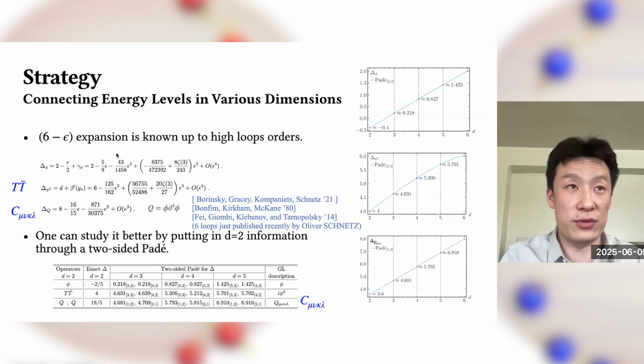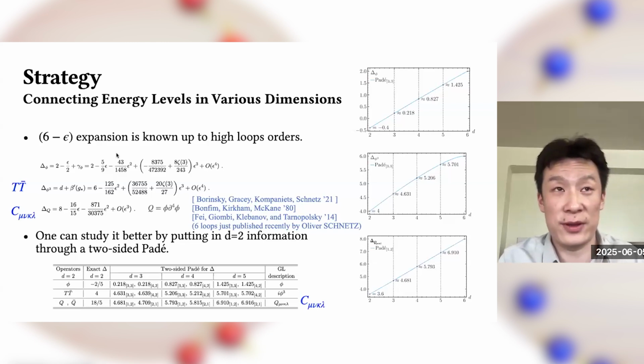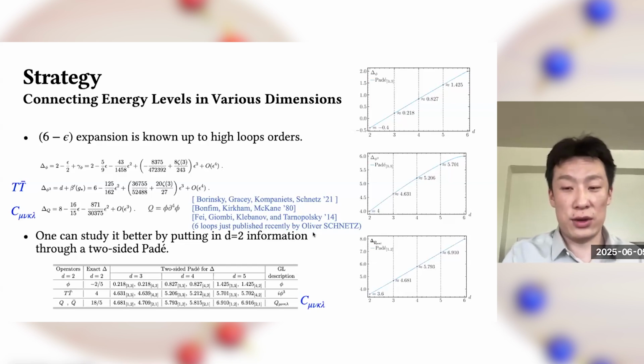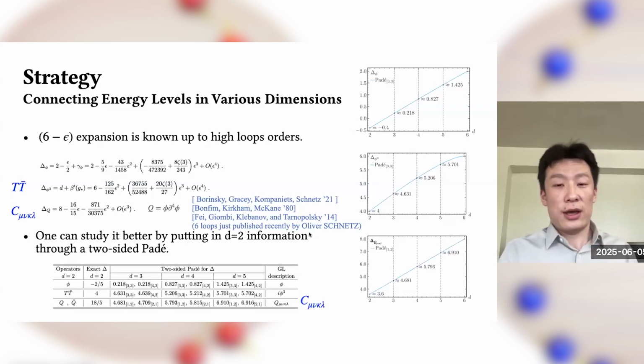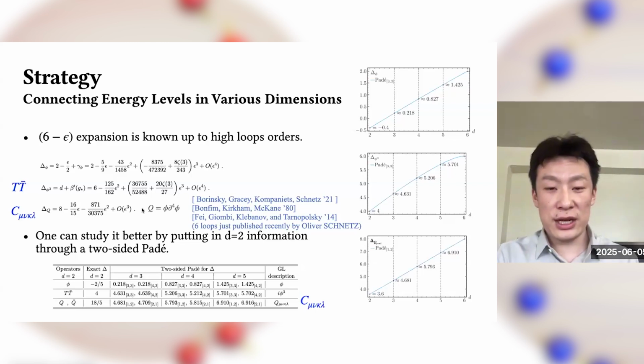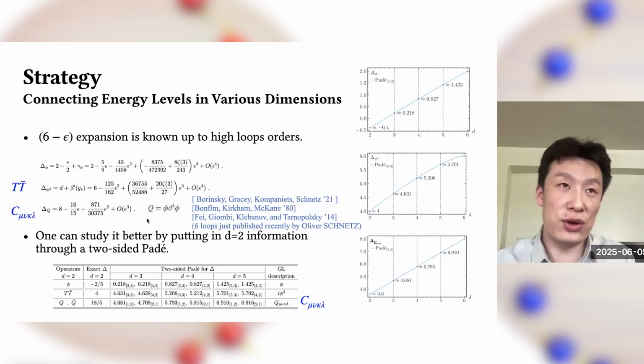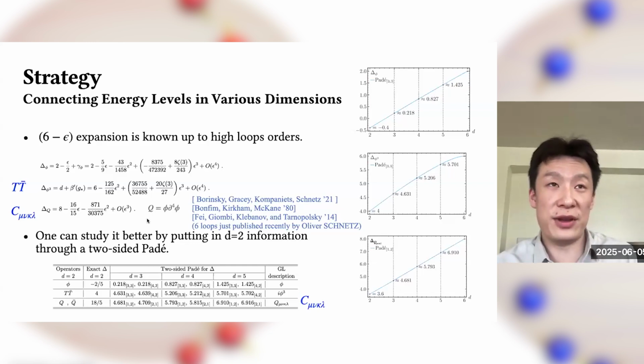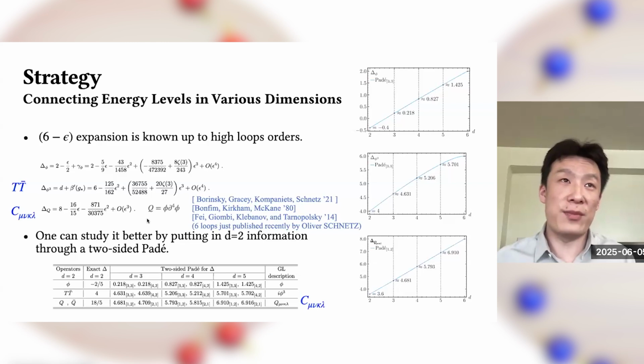And very, very recently we found another paper talking about the 6-loop expansion just published, which will be very nice. On the other hand, we also know that in 2 dimensions, everything is exact. So it'd be nice to combine these two pieces of information.